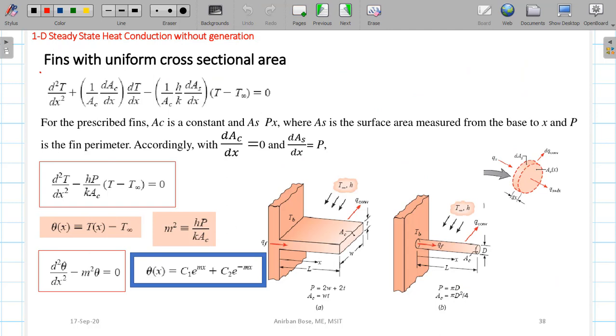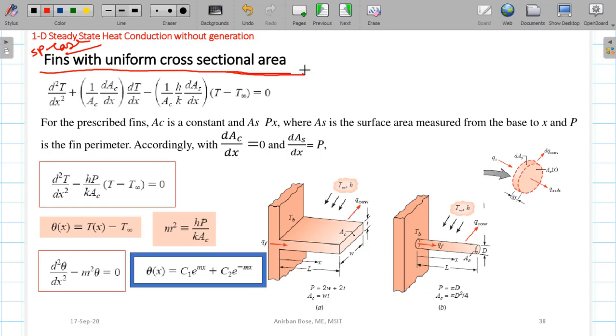Now, fins with uniform cross sectional area is definitely a special case. Let us solve for this special case. In this particular syllabus, we concentrate on fins with uniform cross sectional area.